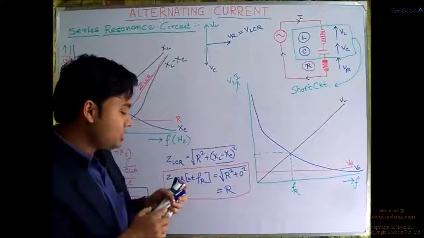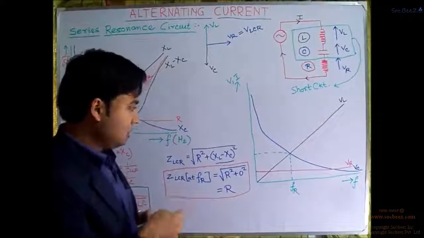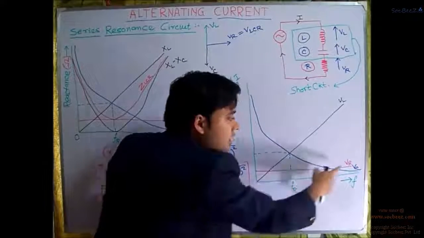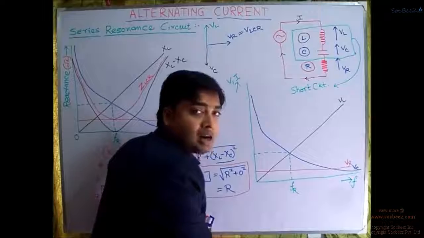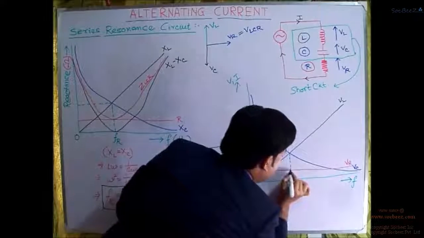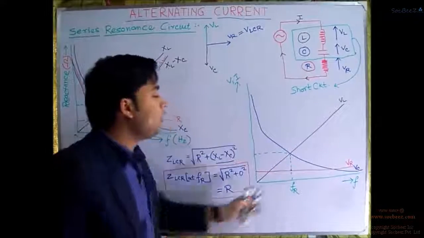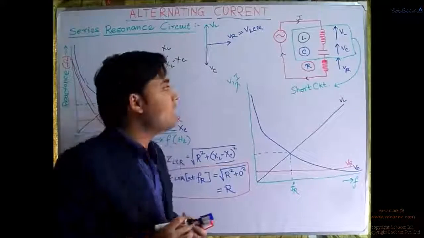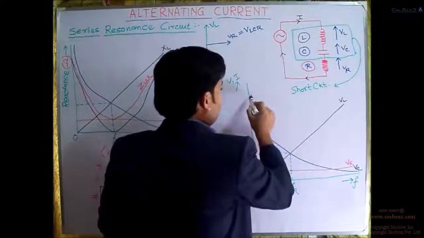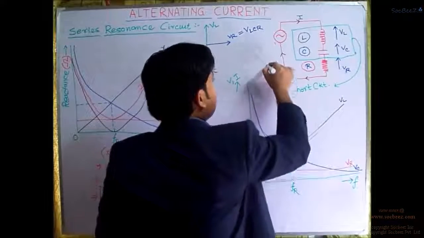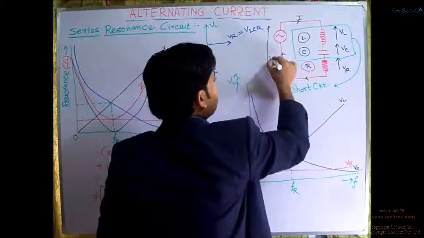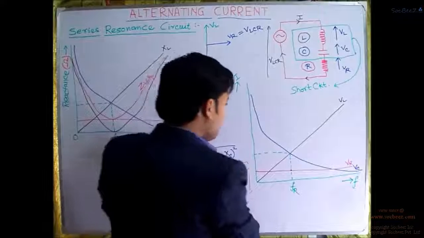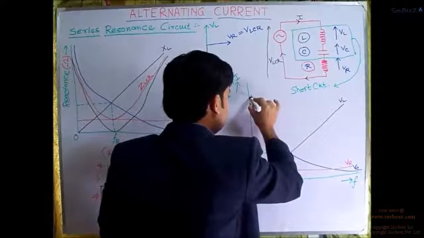So if we see over here, at this particular frequency, this is voltage R, that VR. So at this point, this will be the minimum case of the voltage of LCR, VLCR, right? So like the VLCR, we can say it likewise, right? So the graph will be somewhat like this.